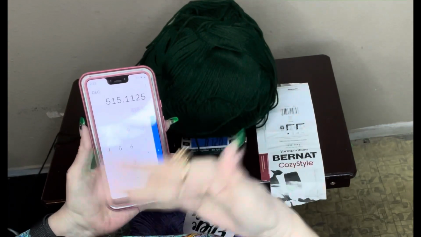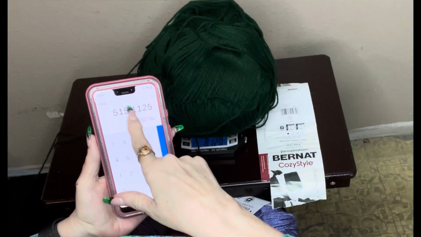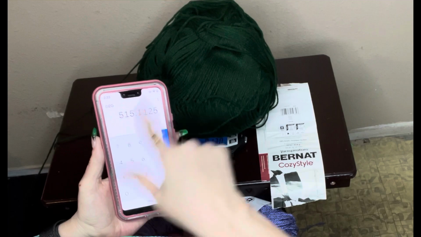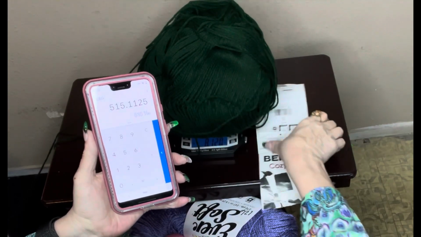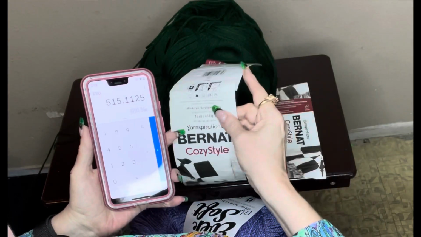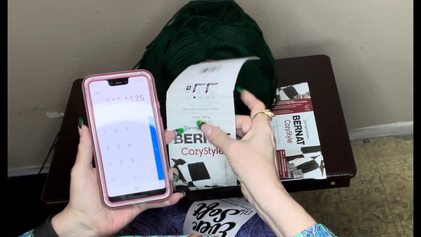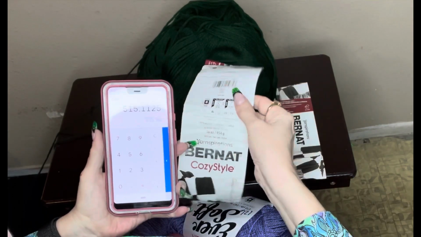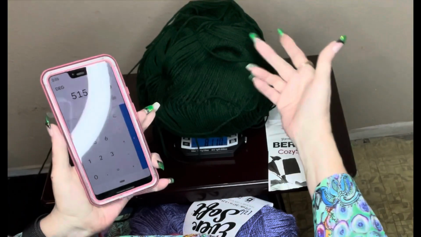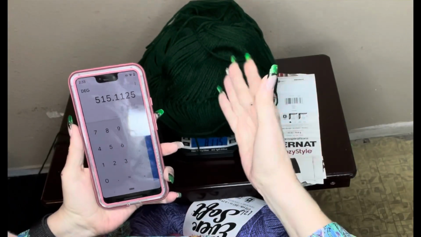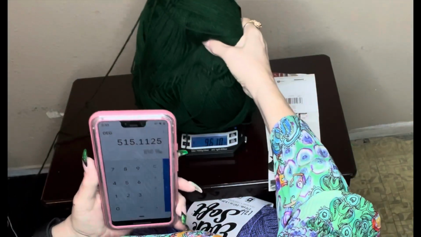Now the way I do it is I round it out. So I would probably say this is 515 yards, and that's what's left. Then I would have to take my 1,015 and subtract the 515, which would leave me with 500. So far I've used 500 yards of this yarn.